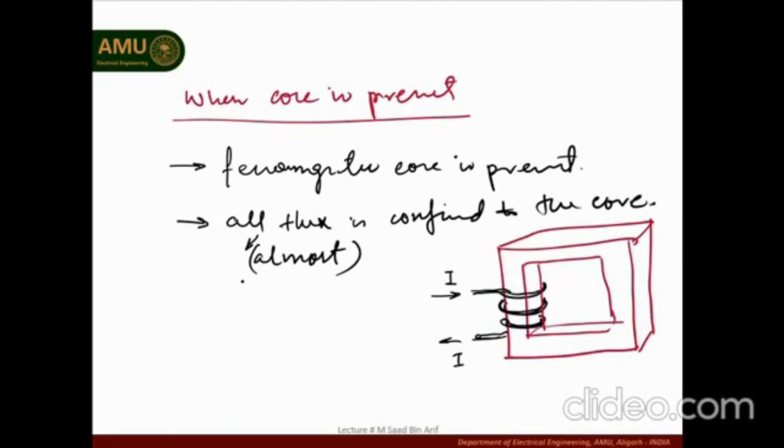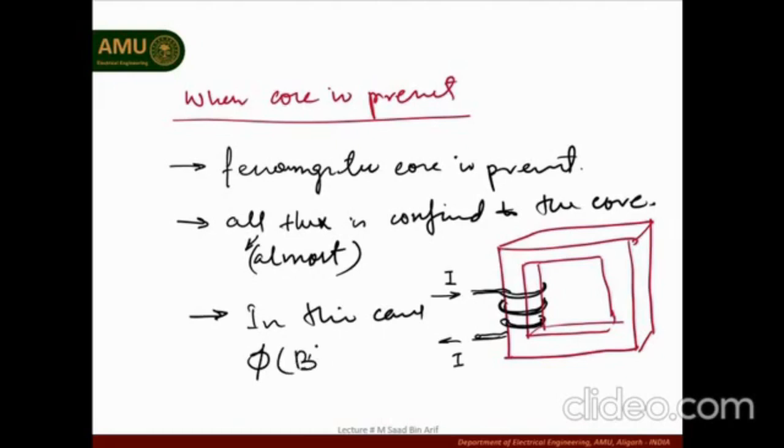We are saying that almost all flux. It is not the all flux, okay. Although the small amount of flux passes through the surroundings as well. So basically maximum flux tries to confine in the core of the coil.